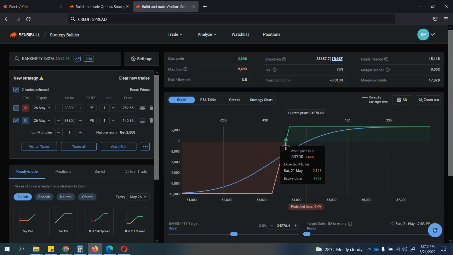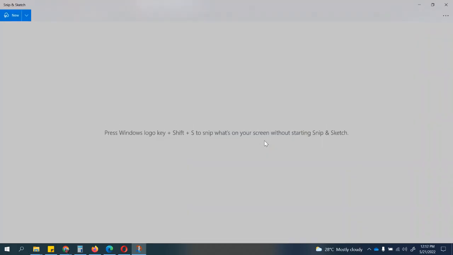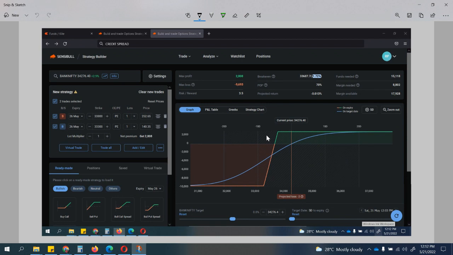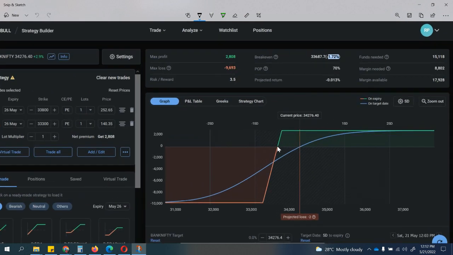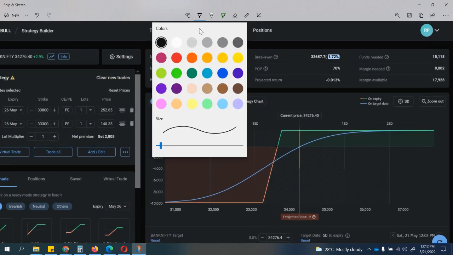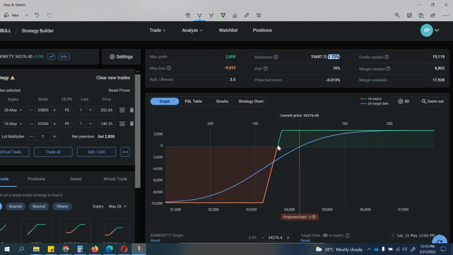Check, I'm just rolling over: from 2,195 it slowly increases, 2,443, then slowly toward expiry, 2,693. So from this point till this point, your loss will gradually increase.